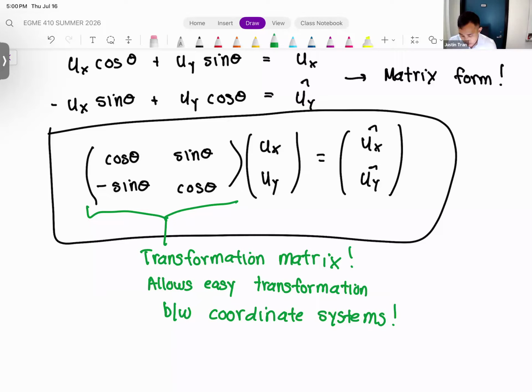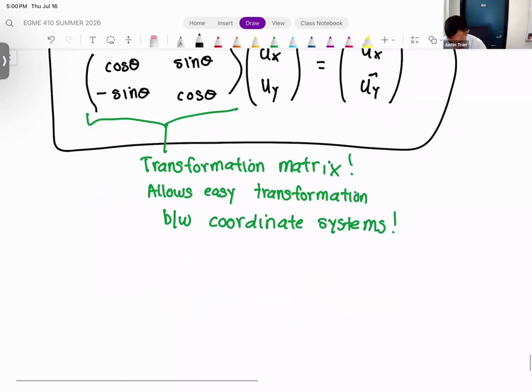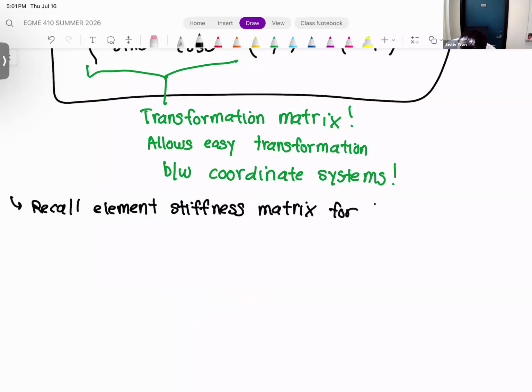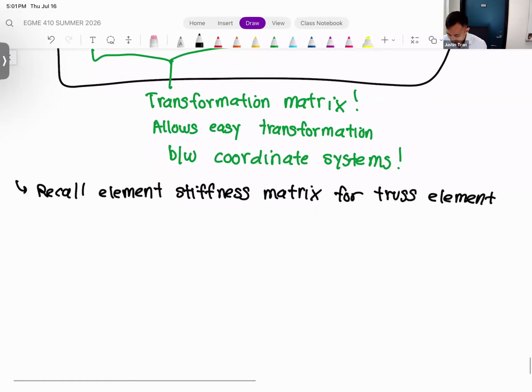Okay, so let's put this in our back pocket and go back to the element stiffness matrix for a truss. I'm actually going to express the truss element in terms of the local coordinates, because that's what we said from the beginning.